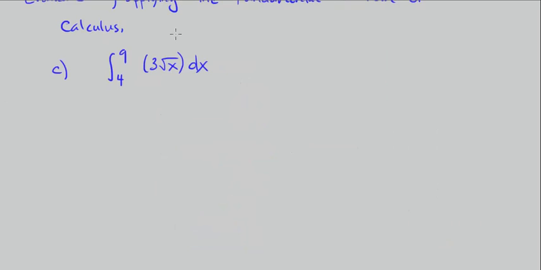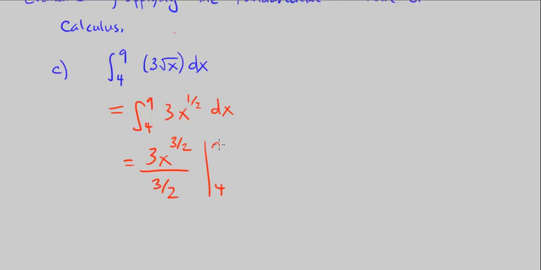Part C, we have this. So let's go ahead. I want to rewrite this using exponents instead of roots. So this is the integral from 4 to 9 of 3x to the power of 1/2 dx. Now I'm going to take the antiderivative. That's just going to be x to the power, add 1 to 1/2, 3/2, we still have 3 in front, and then divide by that power.